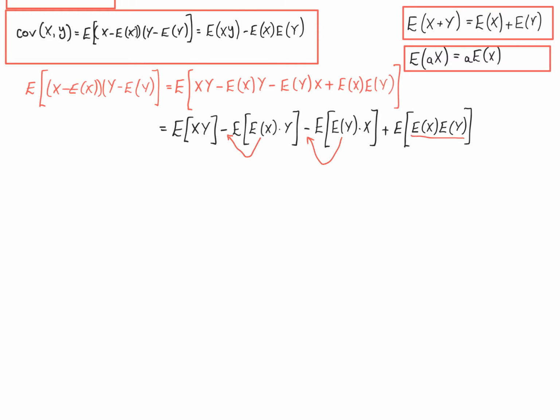And the term E of x times E of y is just a constant, so the expectation at the beginning can vanish.